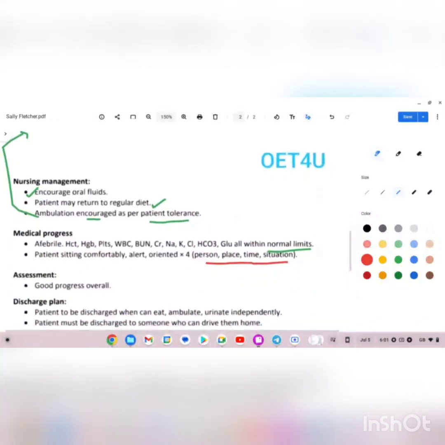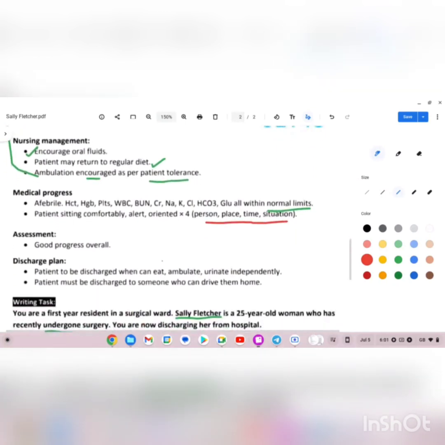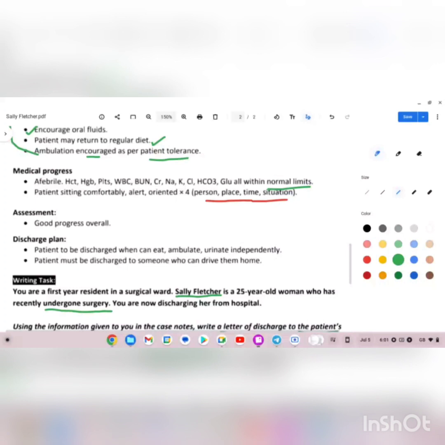Since the patient is oriented to person, place, time, and situation, the patient is ready for discharge, along with overall progress being good. So what is the discharge plan? We already discussed the writing task, that we need to write a discharge letter to the patient's GP. For a patient to be discharged, one can eat, ambulate, and urinate independently.